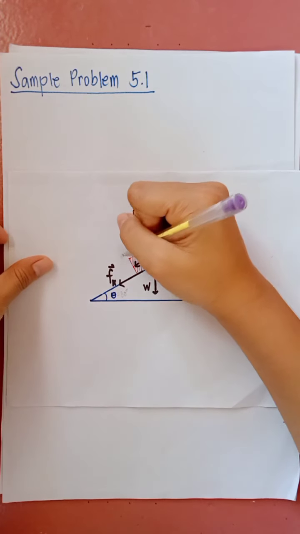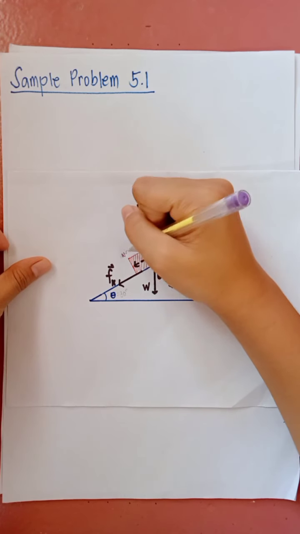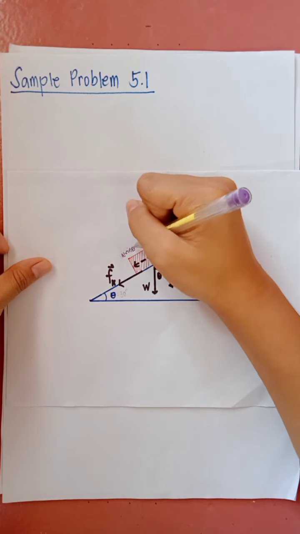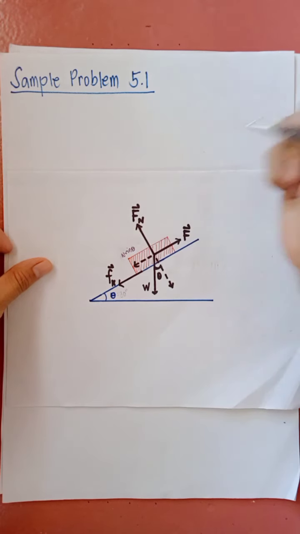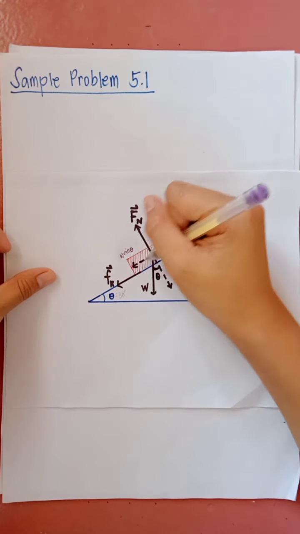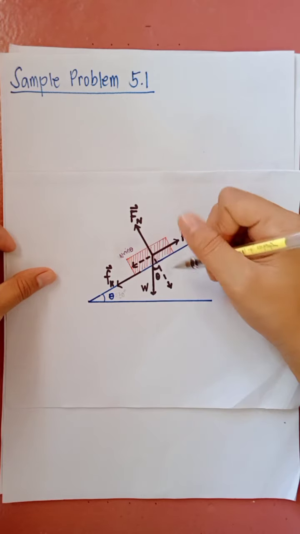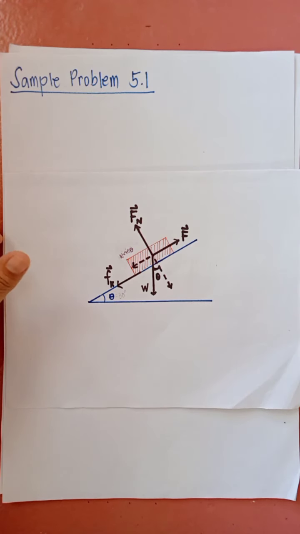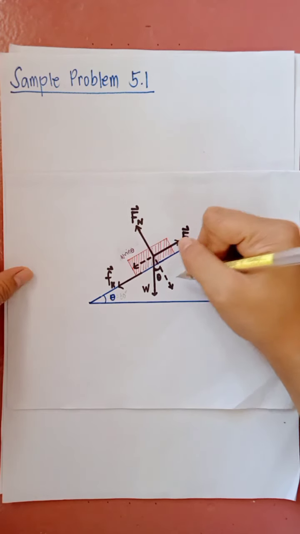I'm writing this one up here to avoid messing up with the block. And for the component of the weight perpendicular to the inclined plane, we have this line right here.